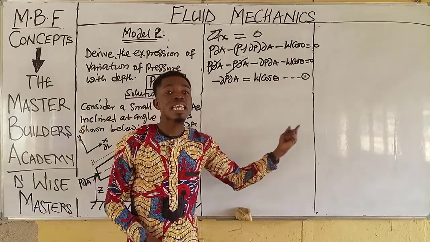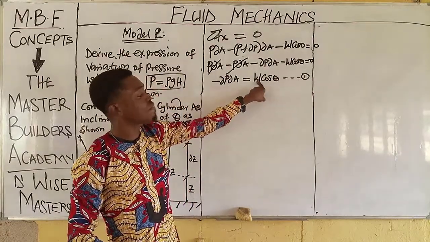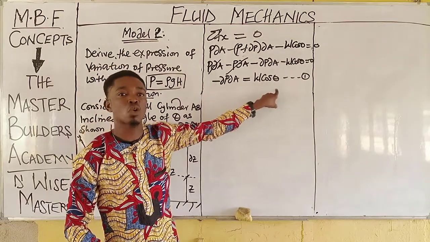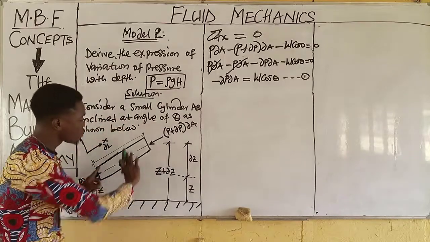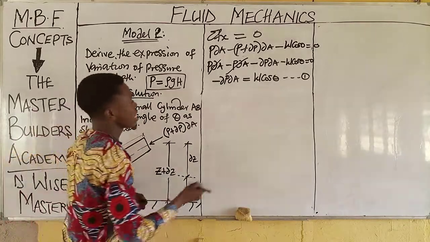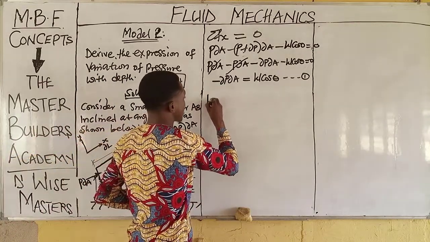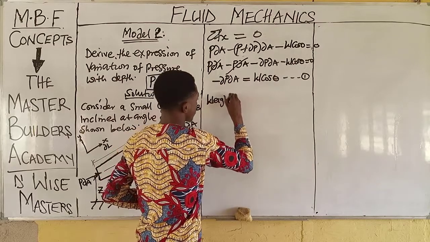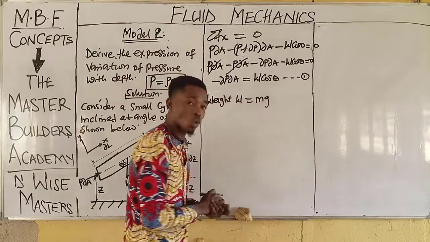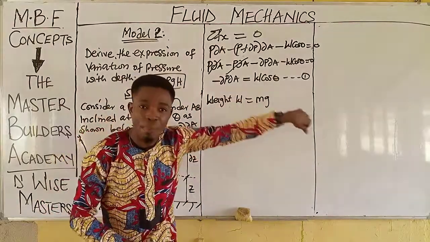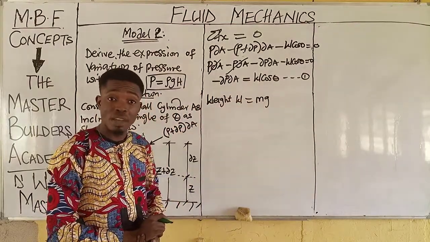Now, the next thing we are going to do is to obtain the value of W and cos theta. What will be the value of W in terms of these geometric properties? We know that W, which is weight, is equal to mass multiplied by acceleration due to gravity.